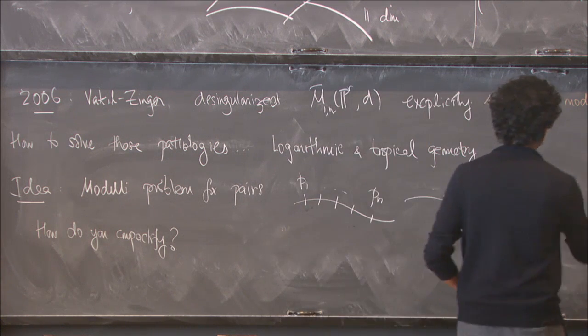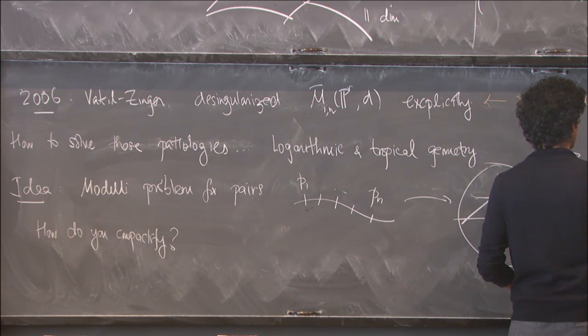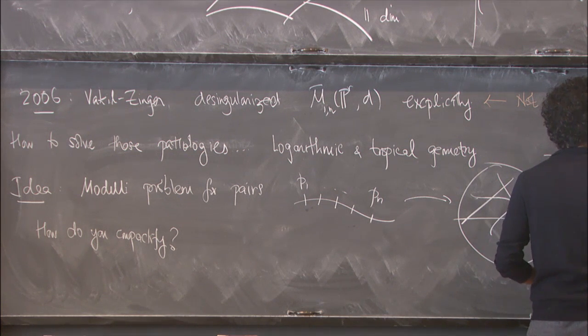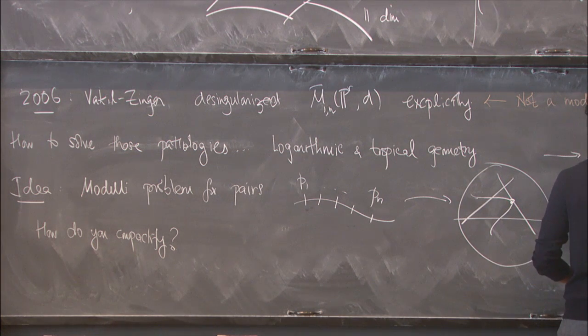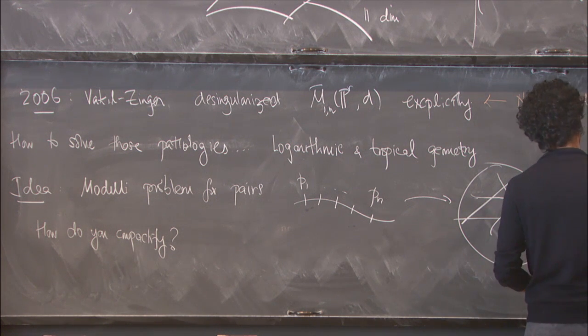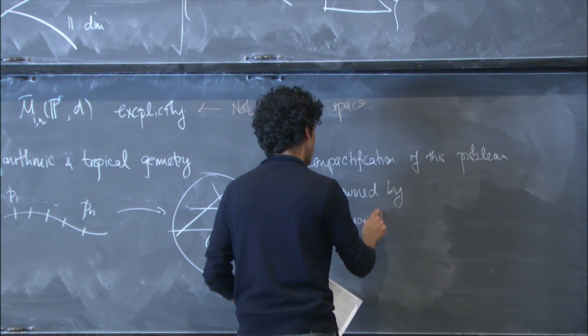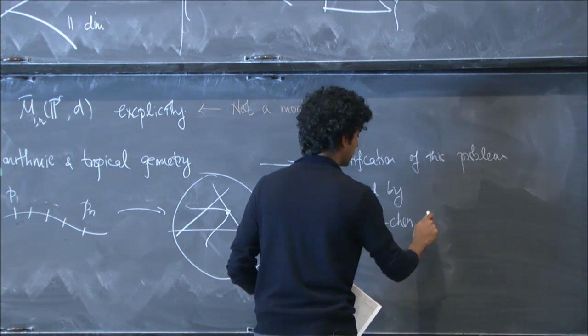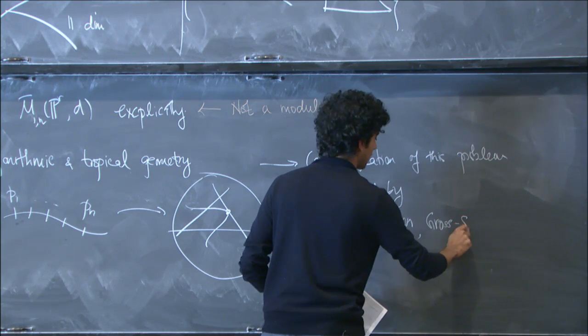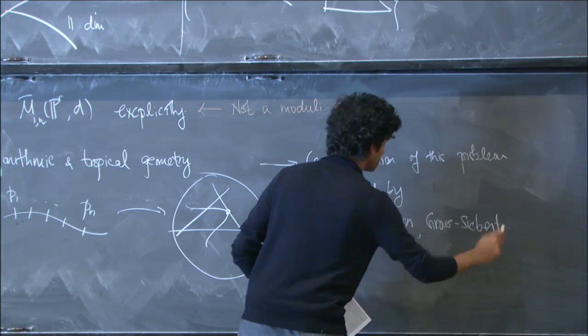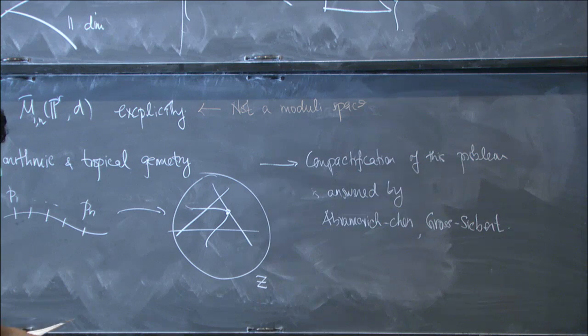So the compactification of this moduli problem is answered by logarithmic geometry. So this is Abramovich, Chen, and then independently Gross and Siebert. Okay, so there might be some percentage of you in the audience that knows log structures.